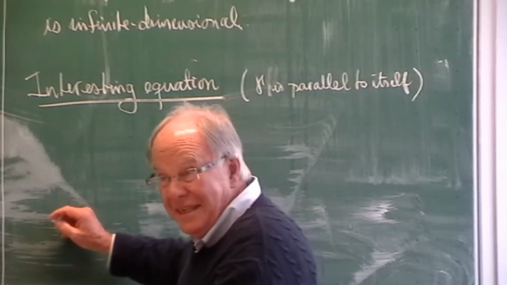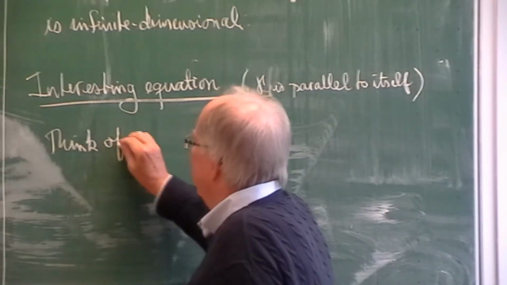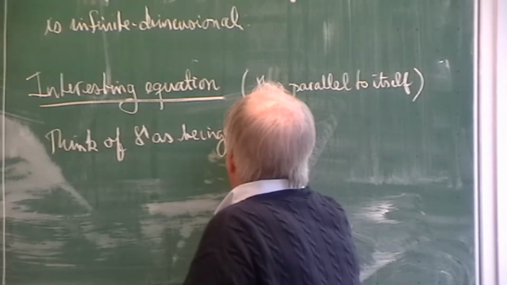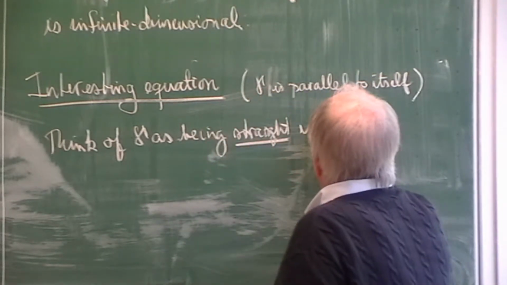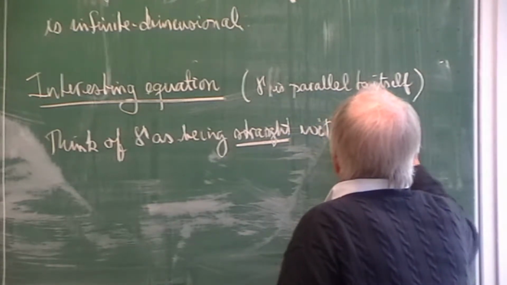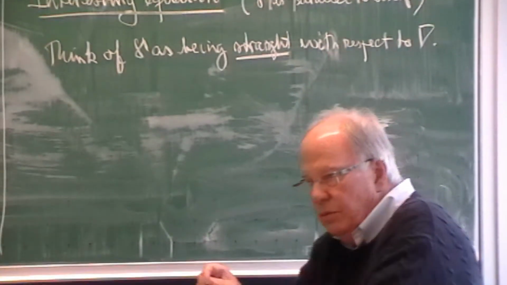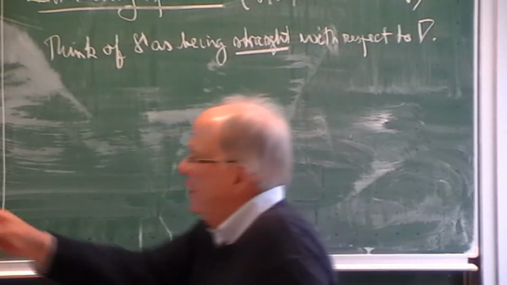This means it's straight. You should think of gamma as being straight, of course, with respect to the connection. Because it moves, it doesn't change with respect to parallel transport.